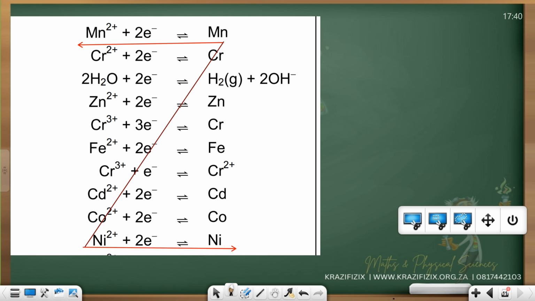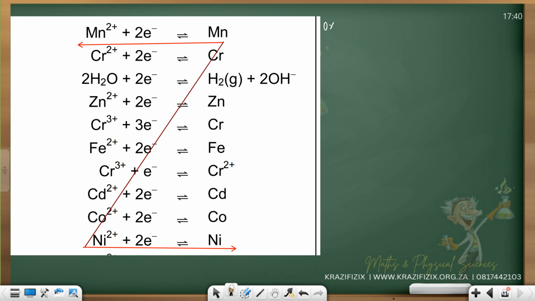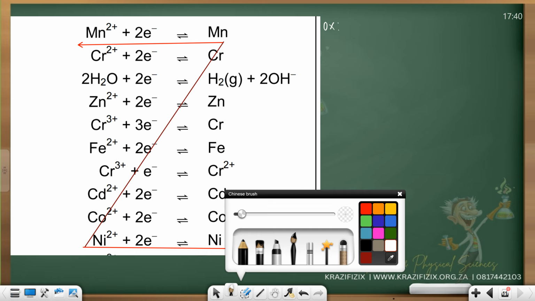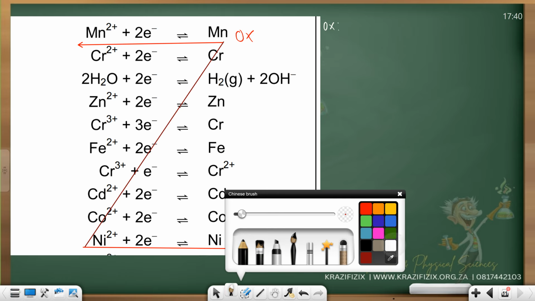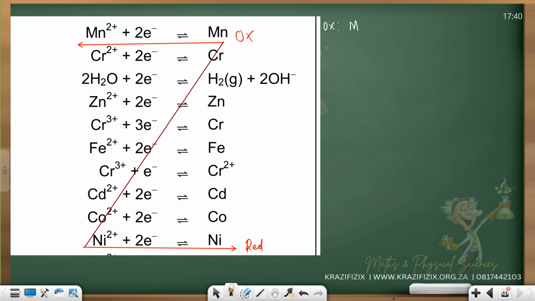So which one will be my anode? Oxidation. It's the one on top, right? Oxidation and reduction. So what's the oxidation one going to be? Mn, which is a solid, to give us Mn2+ plus 2e. What about the reduction? Copy and paste, right? Ni2+.